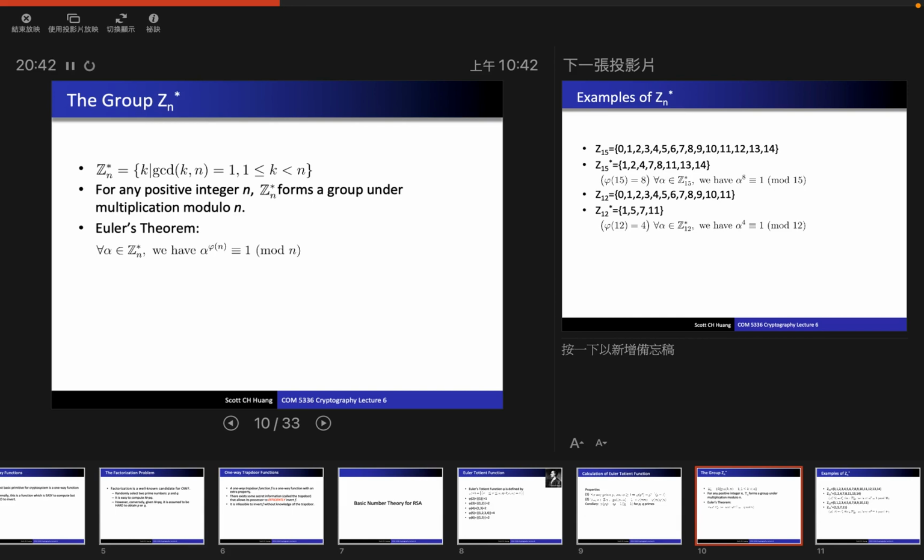It actually forms the core of Euler's theorem. So what is Zn star? We consider multiplication, so it's a multiplicative group. The elements are 1, 2, up to n minus 1, such that they're relatively prime with n.